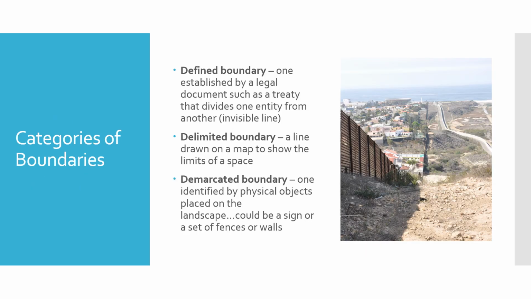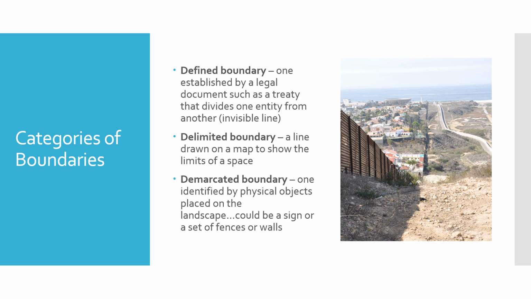Okay, so if we had to further categorize boundaries into more or less the process of how they're developed. We first define a boundary, and we establish that through some sort of legal document, right?